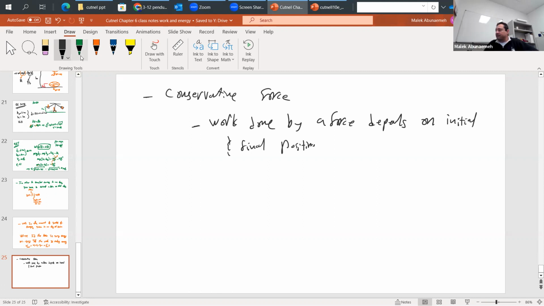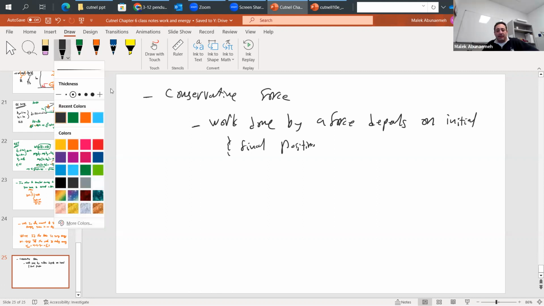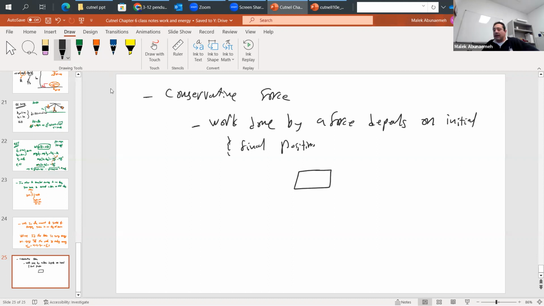For instance, let's say we have an object that is 5 kilograms, kind of like a small elevator that weighs 5 kilograms and is going down 6 meters.